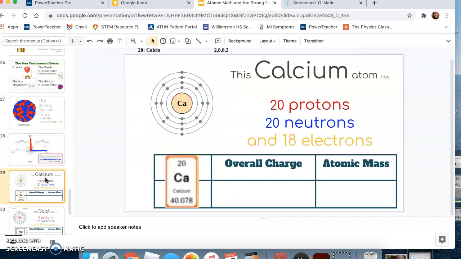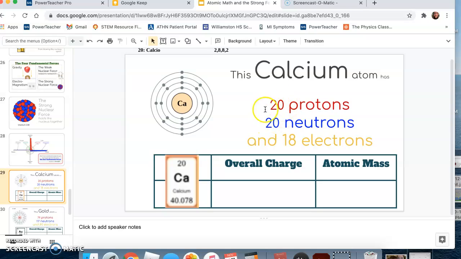So here's some good atomic math. This calcium atom has 20 protons, 20 neutrons, and 18 electrons. So we want to calculate the overall charge and the atomic mass. I'm going to do mass first because I see protons and neutrons on top. 20 protons, 1 atomic mass unit each. 20 neutrons, 1 atomic mass unit each.